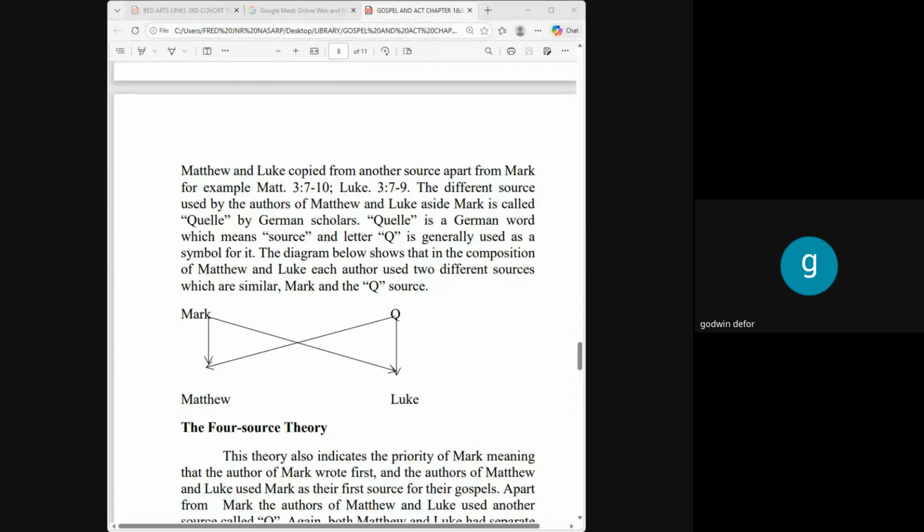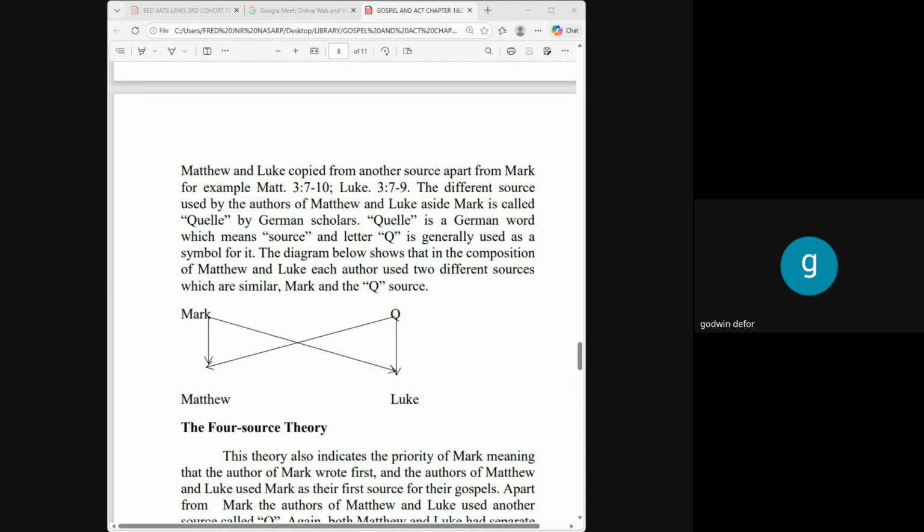So in the study of Gospels, when you hear the term Matthean priority, know that the person is saying that the author of Matthew wrote first. That is what it's called Matthean priority. When you hear Markan priority, or the priority of Mark, it means that Mark wrote first. So the four source theory is of Markan priority, same as the two source theory.